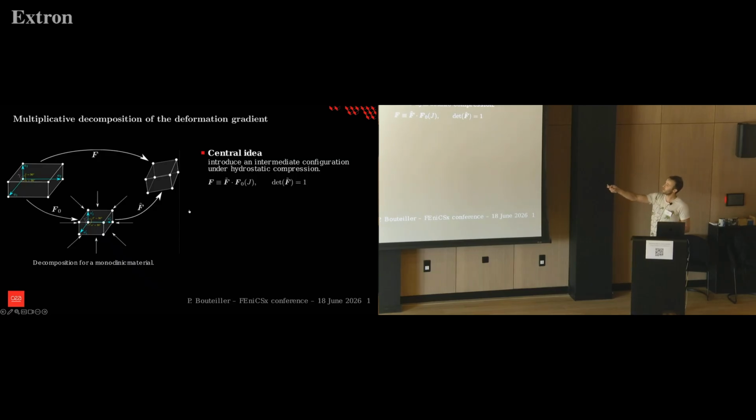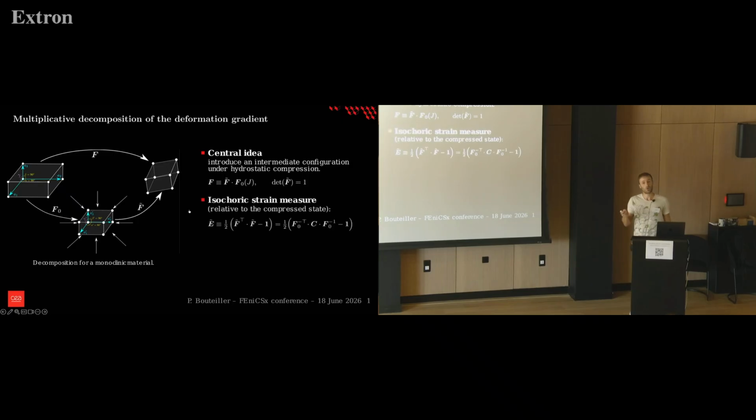So the key idea was to say that the transformation can be seen as two successive decompositions. The first one, a big one, because of pressure, and then you have a small deviation from this compressed state. So you can introduce a strain which measures the deviation relative to a pre-compressed state.